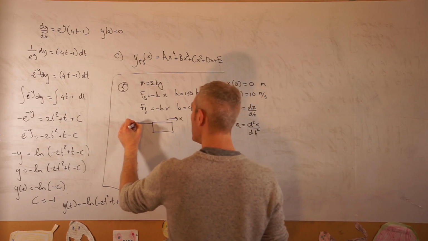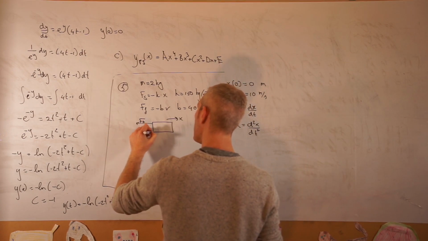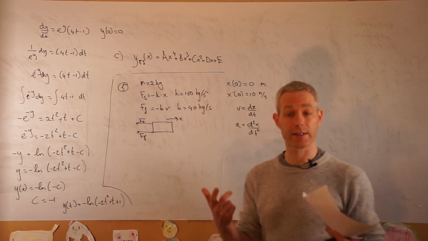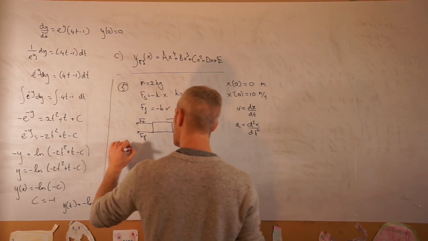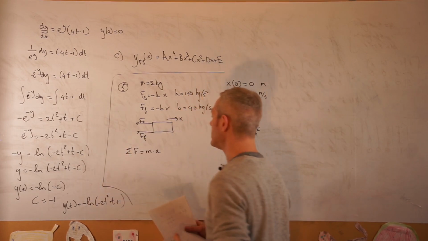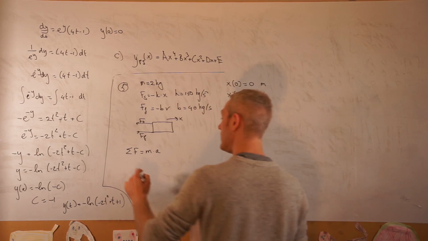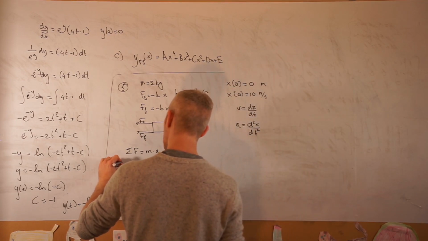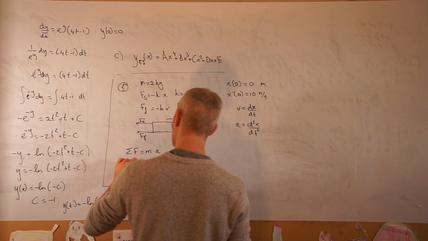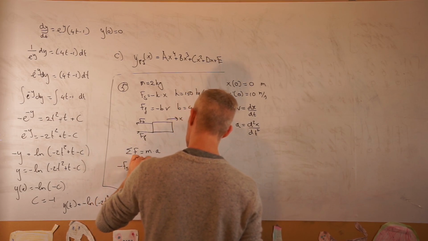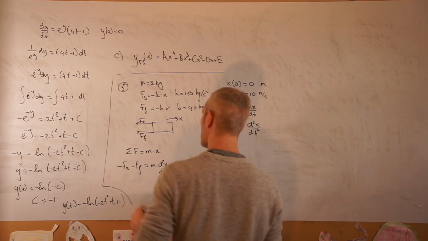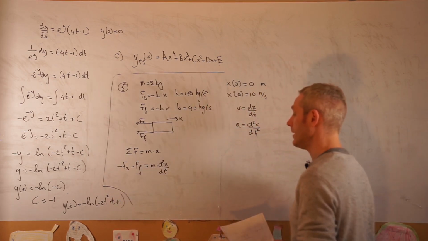We have a spring force here, and we have some friction force there. And now I write the second law of Newton. The sum of the forces is equal to the mass times acceleration. We have two forces here, minus F spring minus F friction is equal to m times d squared x dt squared, because ultimately we want a differential equation in x.